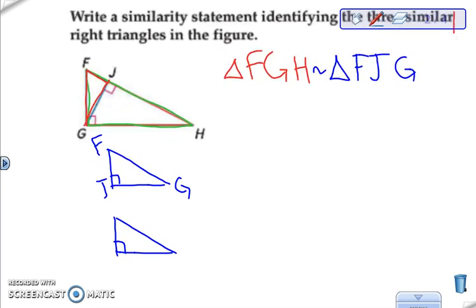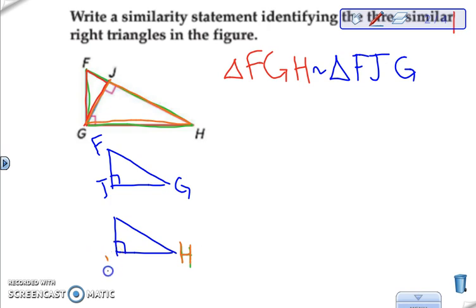So for the third triangle, the one I haven't drawn yet, I notice that H, let's go ahead and trace that out so it's a little easier to see. We're doing this guy. So H was the angle that was in both.